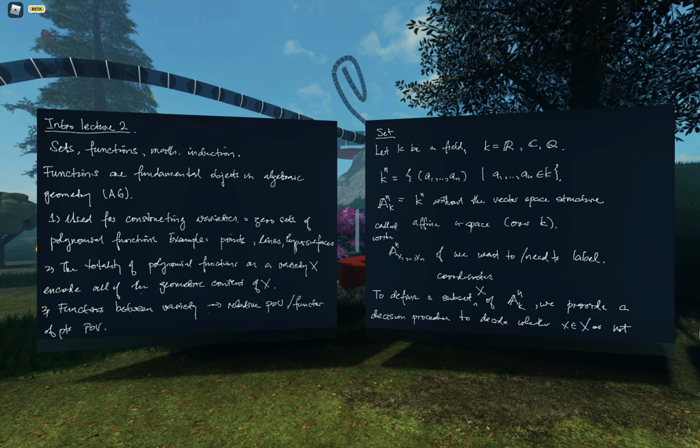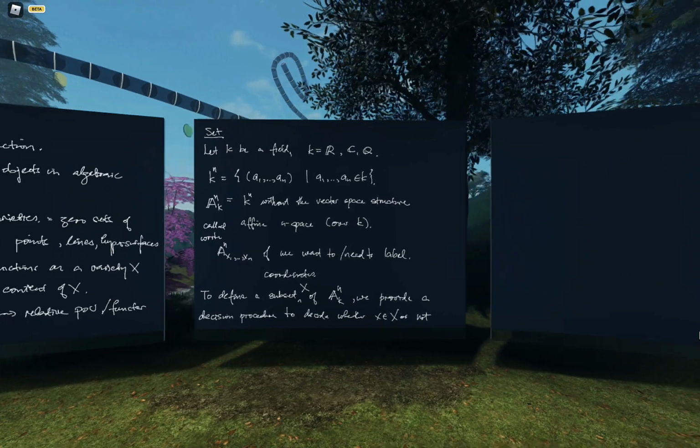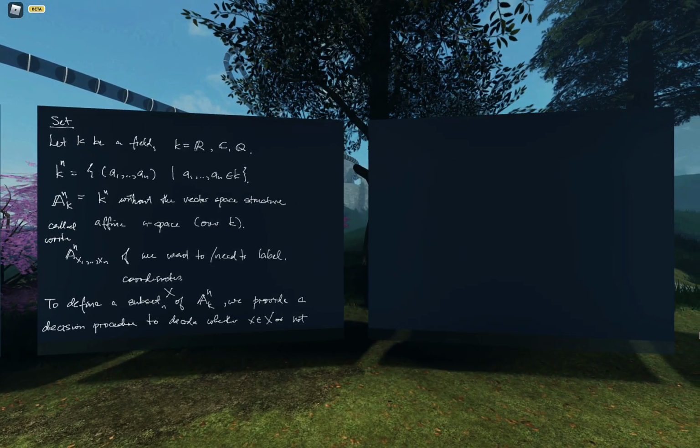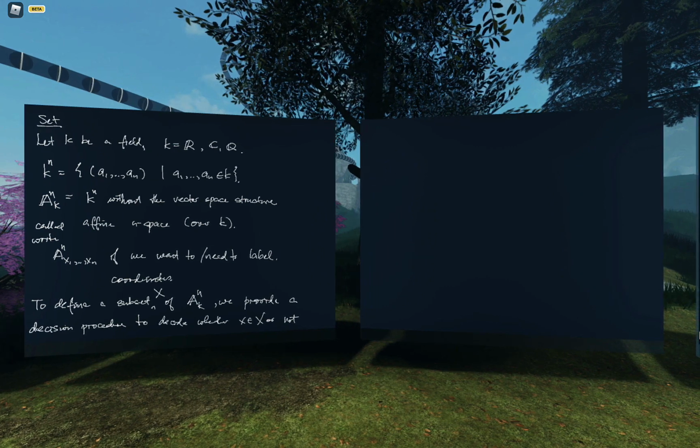I'm going to move on to the next board. Just write some of these down. Right, so examples are going to be varieties.